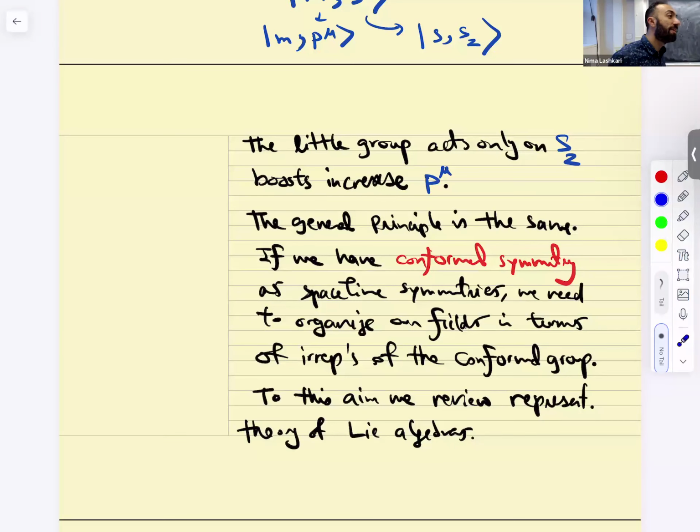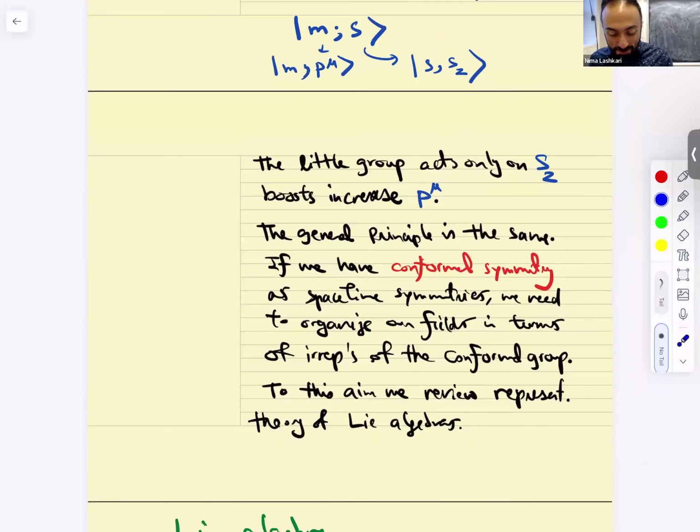I'm not going to tell you. But anyway, what extra generator do you have in the conformal group? Special conformal transformation. What's a special conformal transformation? What's the simple way of describing it? Invert, translate, invert back, right? So it's only an inversion that's been really added. Now, inversion was a tricky thing.